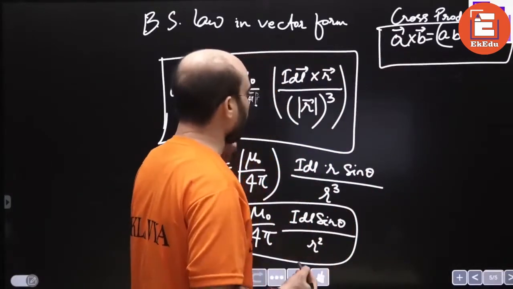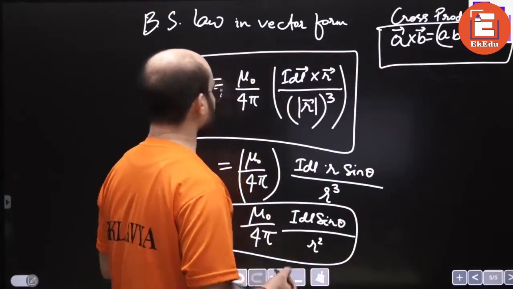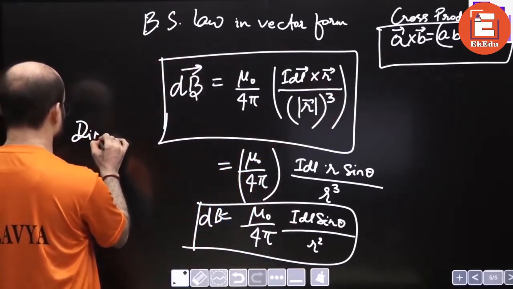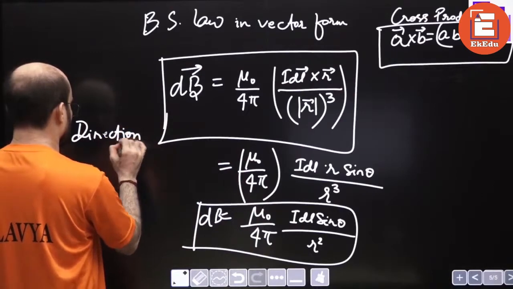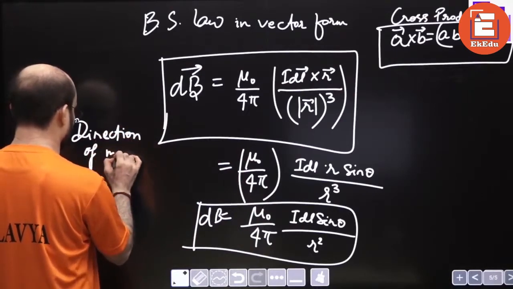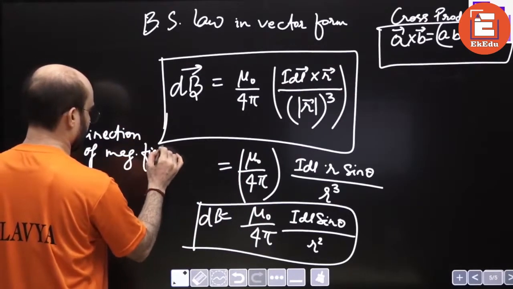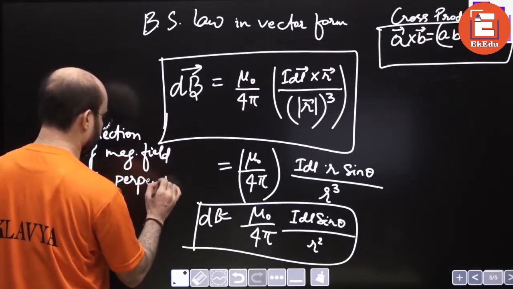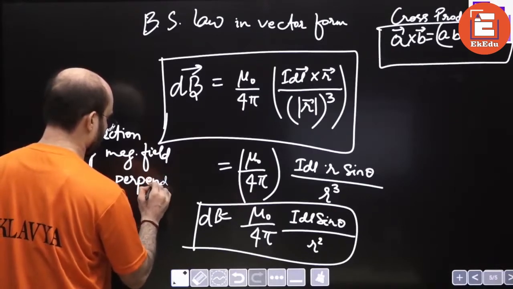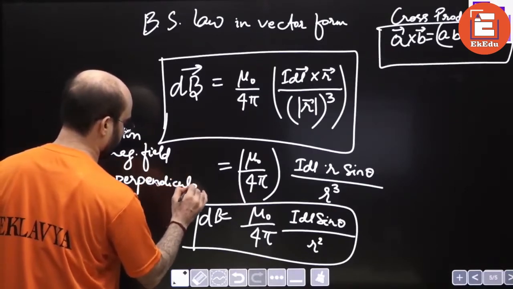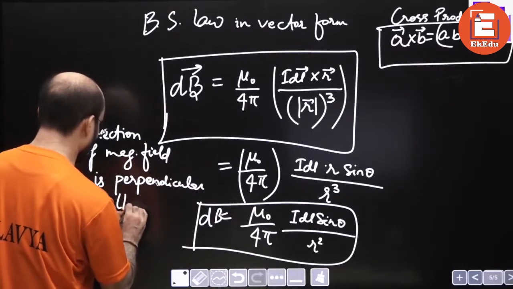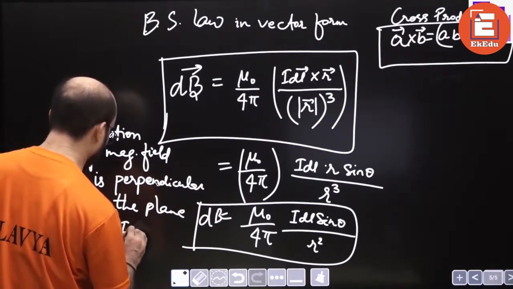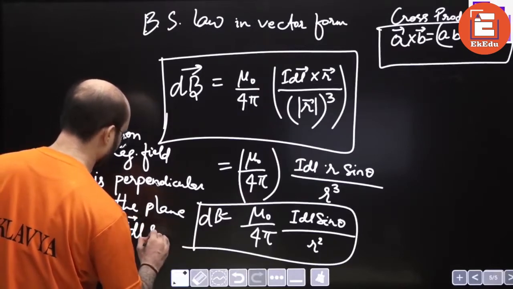So the direction of magnetic field is perpendicular to the plane of Idl and r.